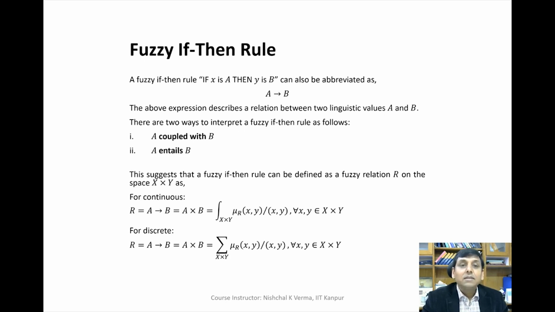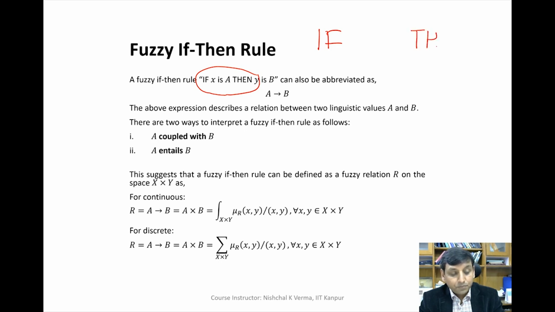So the fuzzy rule has a particular syntax. Any fuzzy rule will have an if part and a then part. Any fuzzy rule will have both the words if and then.